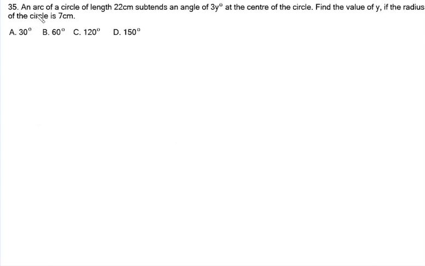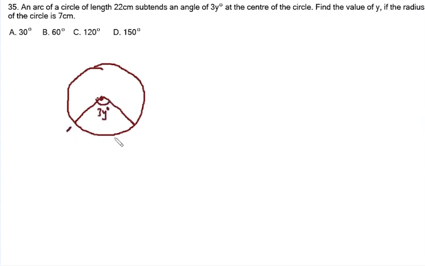So for question 35, we are asked that if an arc of a circle of length 22 cm subtends an angle of 3y degrees at the center of the circle, find the value of y if the radius of the circle is 7 centimeters. Okay, so let's draw a visual representation of what we're dealing with. This is a circle, and then the center of the circle, so it subtends an angle of 3y degrees.